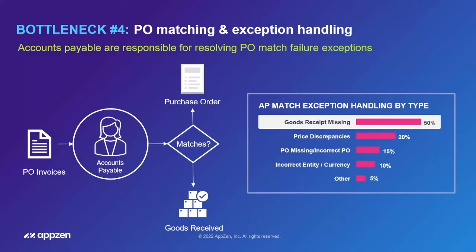Typically AP wastes a lot of time chasing people for either goods receipts or for approvals or for changes to the PO, because the invoice has come in, it has failed match, and now someone on the procurement side or the end user side has to take an action for AP to resolve that exception and pay that invoice.